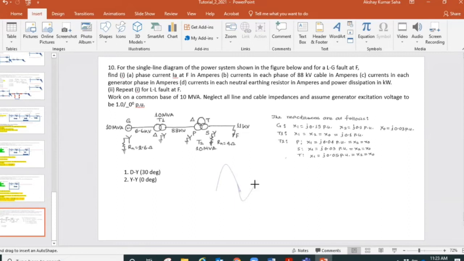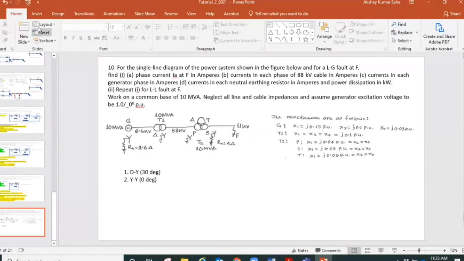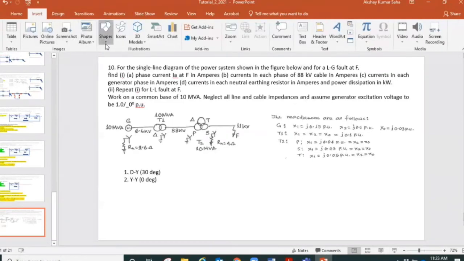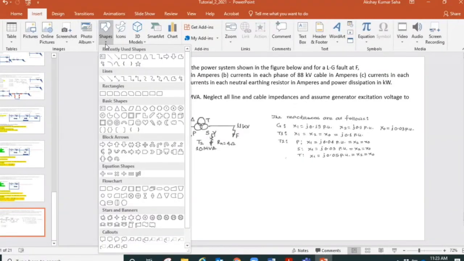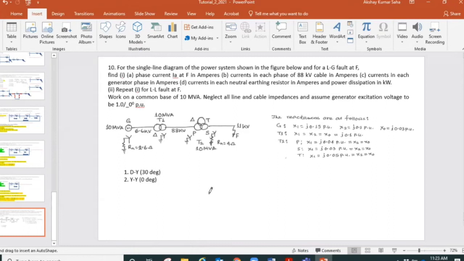Hit this control button. How does it work? Do I have to close it? Yeah. Okay, I got that. I don't use PowerPoint to draw anything. I use other software. Let me try this freeform.